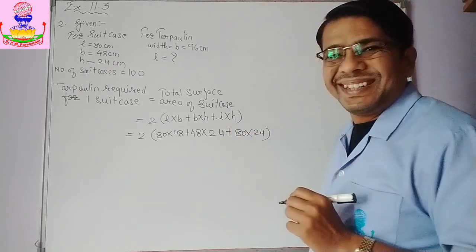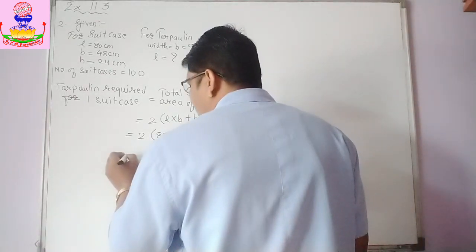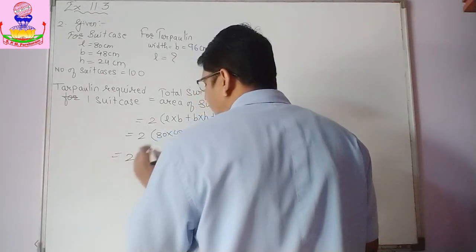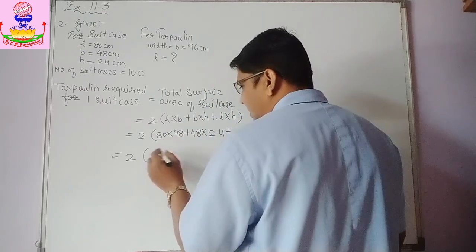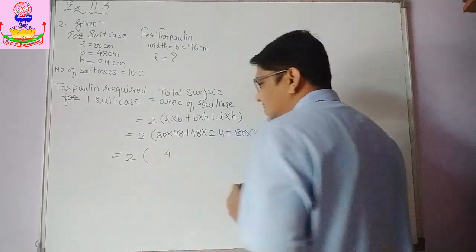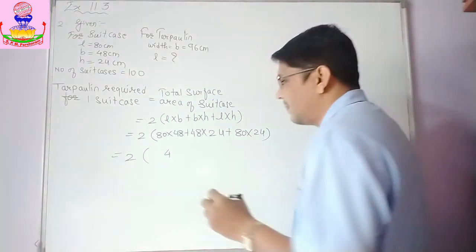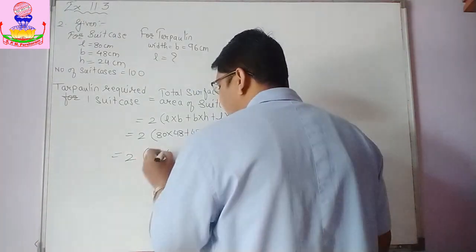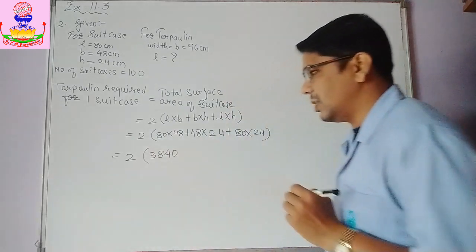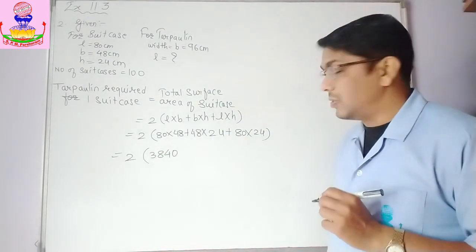Now 2 into, 8 8s are 64, 6 carry on, 8 4s are 32, 32 plus 6, 38 and 0, so 3840.